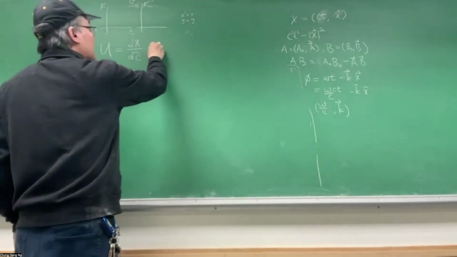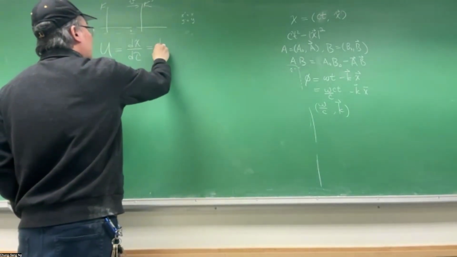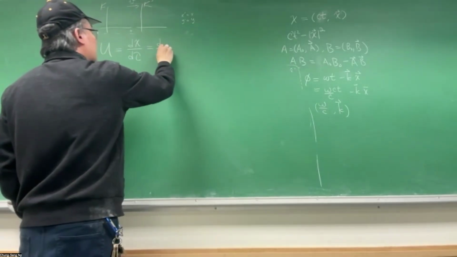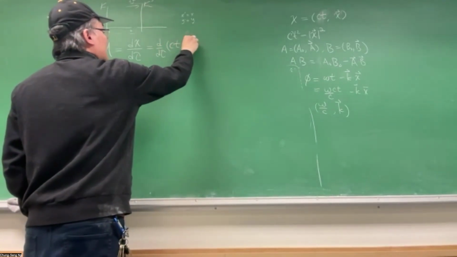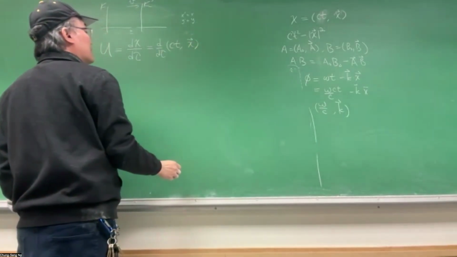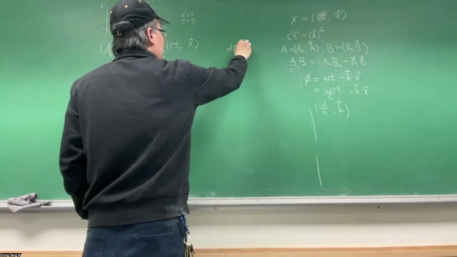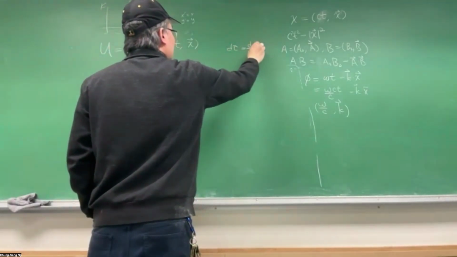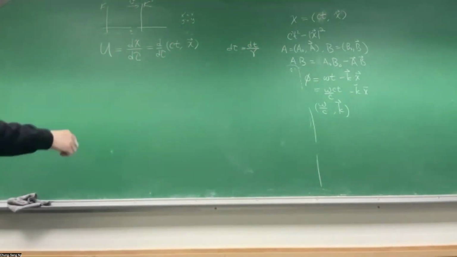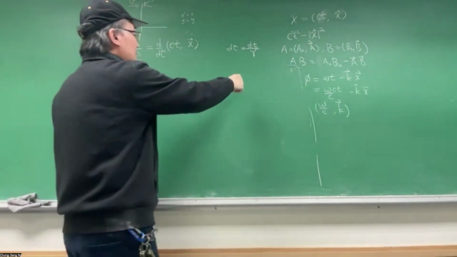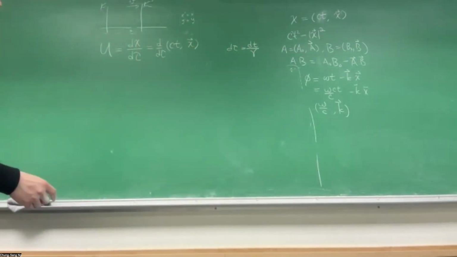Okay, basically now just substitute whatever we have over here. So d over d tau of this four vector (ct, x). We remember that d tau is dt over gamma. Now gamma is the gamma of the velocity of that object.